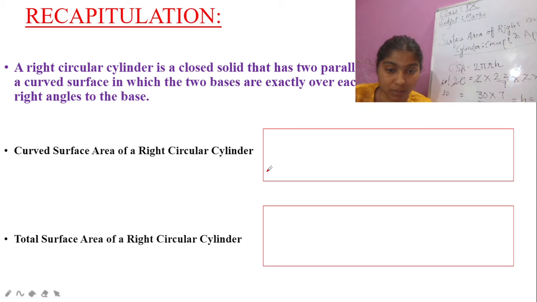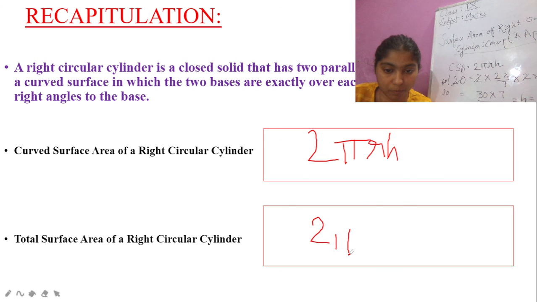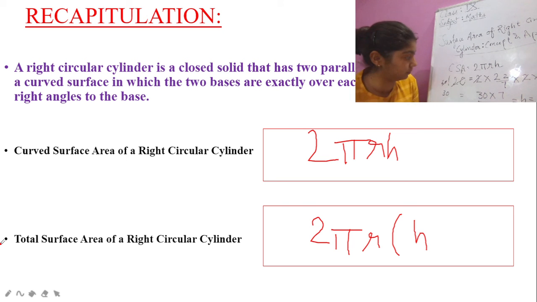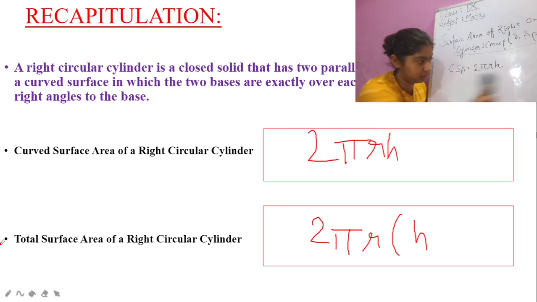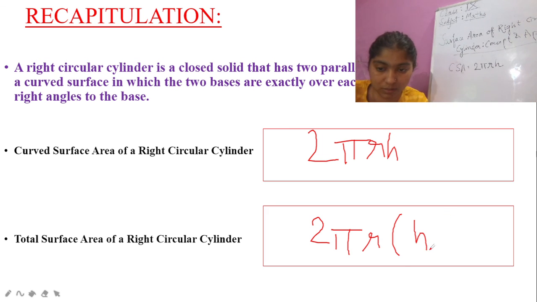So let's substitute the values here, that is 2 pi rh, and here 2 pi r h, that is 2 pi r times h plus r.